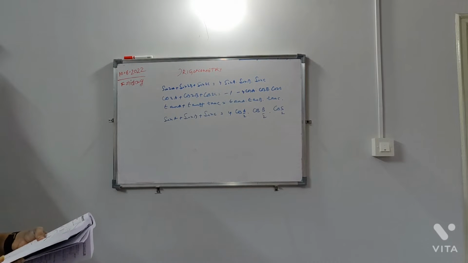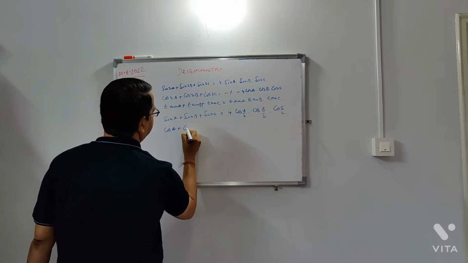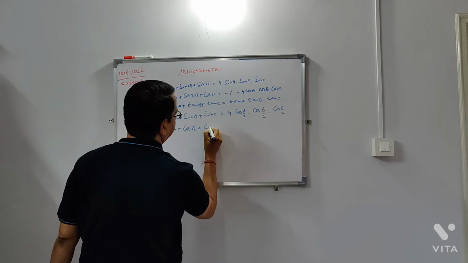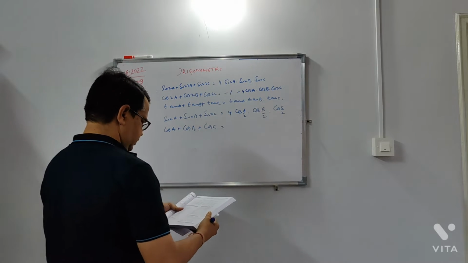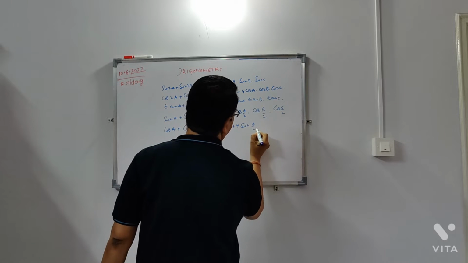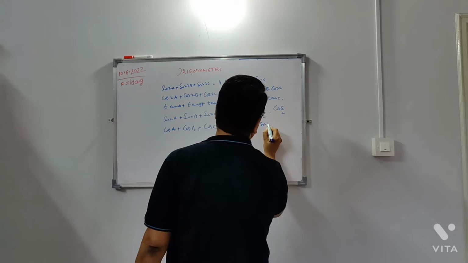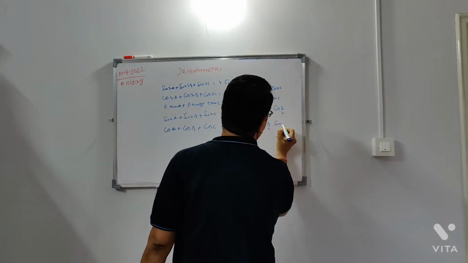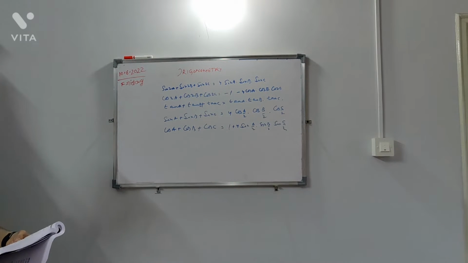Then cos A plus cos B plus cos C is equal to 1 plus 4 sin A by 2, sin B by 2, sin C by 2. So these are some of the important formulas one should remember. Okay. These are called conditional identities.